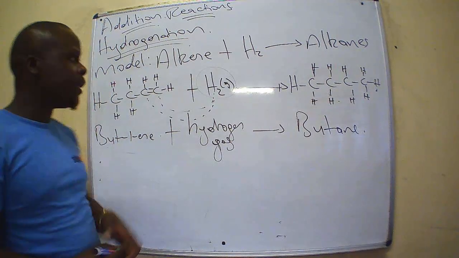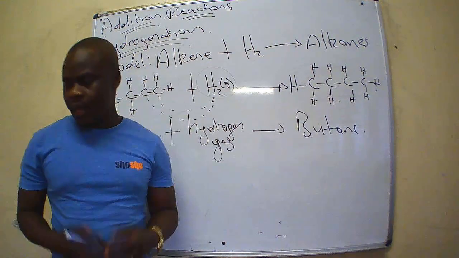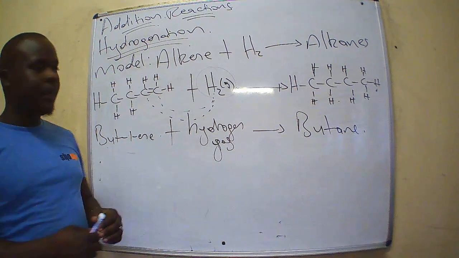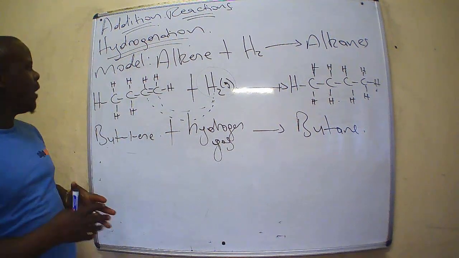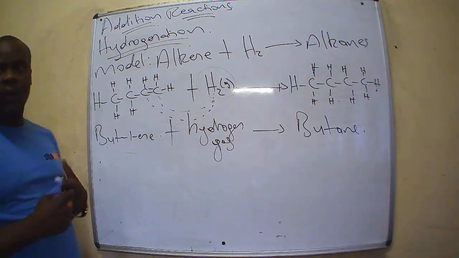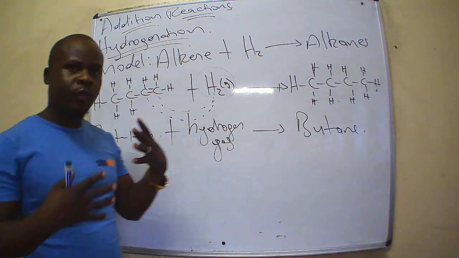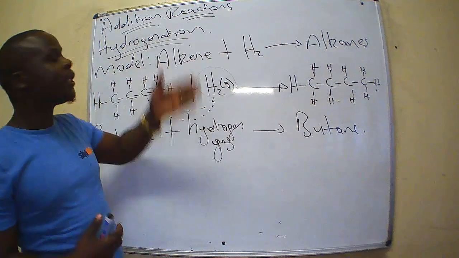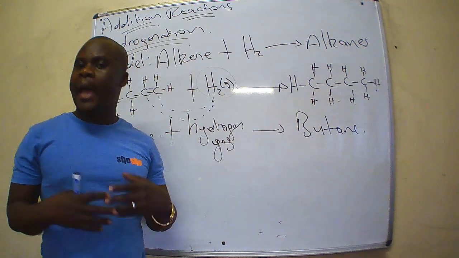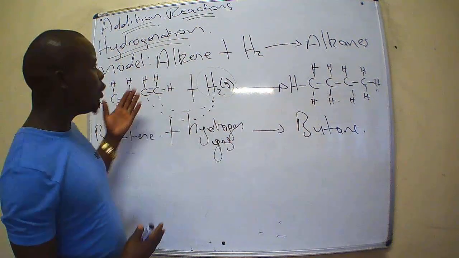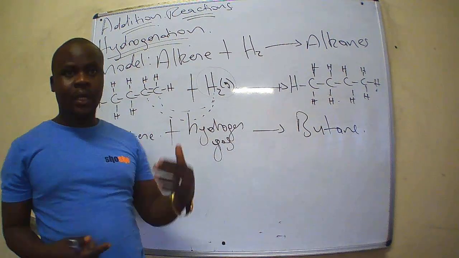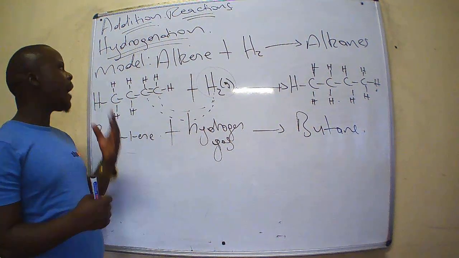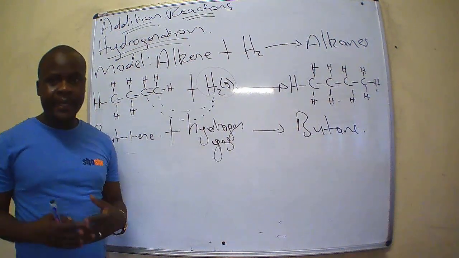Butane is formed from these two. So this is how hydrogenation takes place, and it is also a process used in real life. From case studies, this is the process which is used in the hardening of margarine. So in this case, this is how we deal with hydrogenation and halogenation.